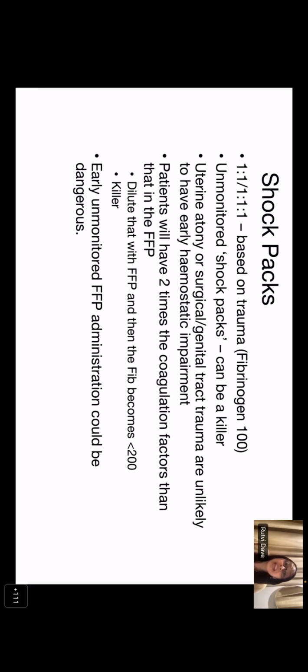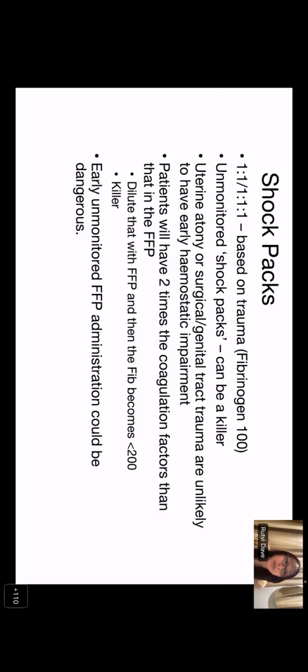So if you're giving FFP to such a patient, you are diluting her fibrinogen, because the FFP has lower levels of fibrinogen than what the patient already has. By providing such large volume transfusion of FFP, you will dilute out the patient's fibrinogen, and because of the transfusion of FFP, the fibrinogen will drop below 200. So early unmonitored FFP can be dangerous.